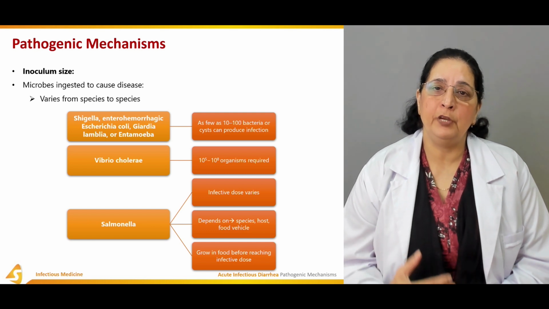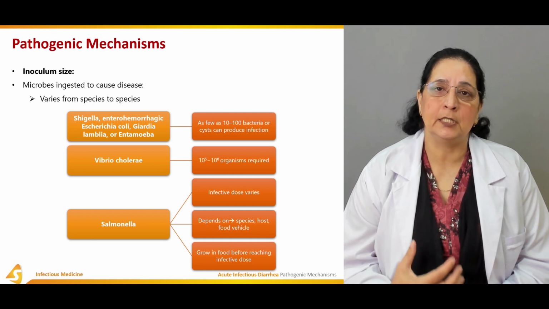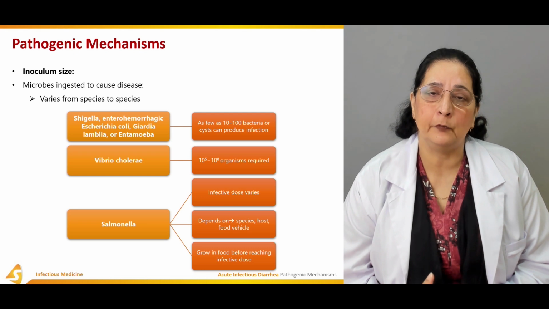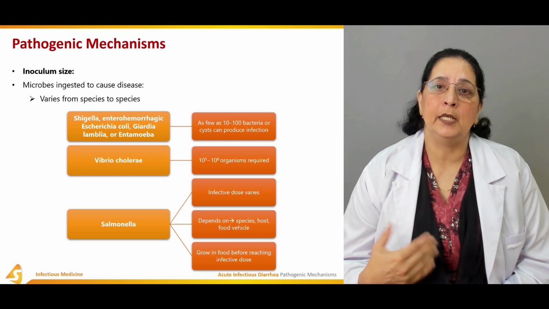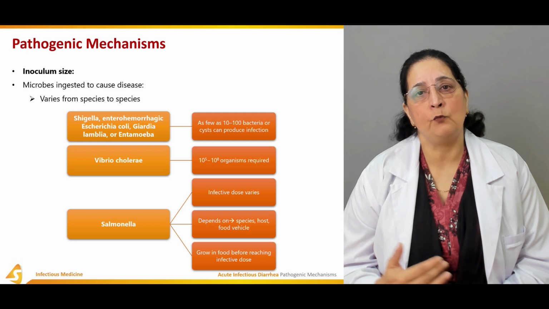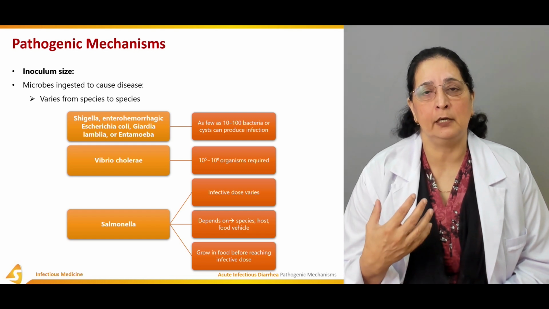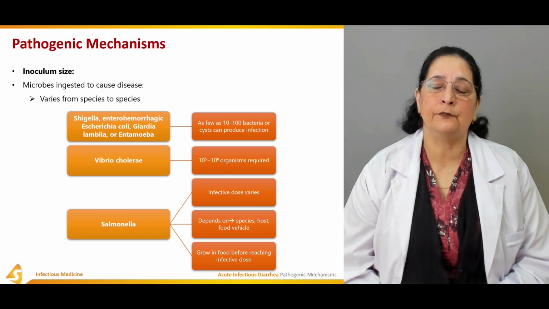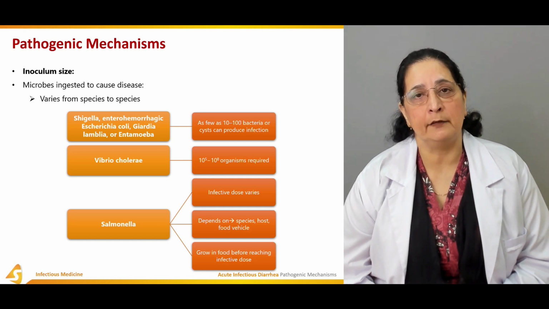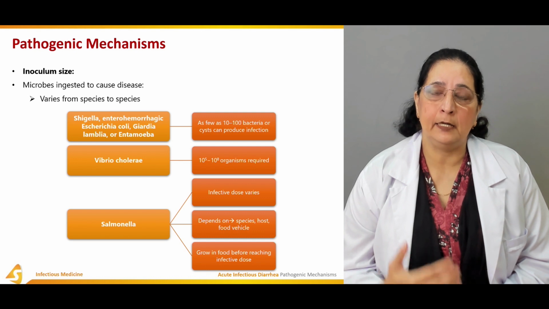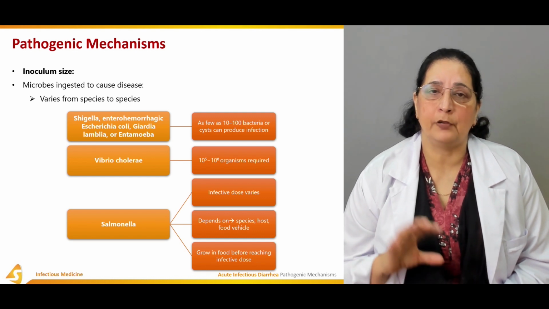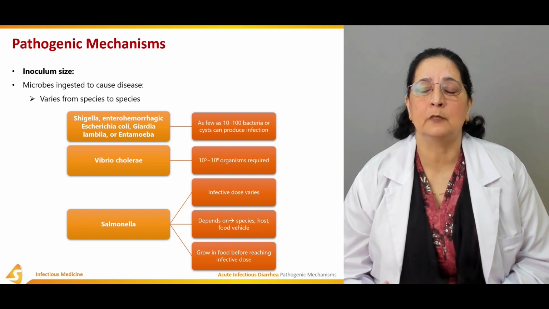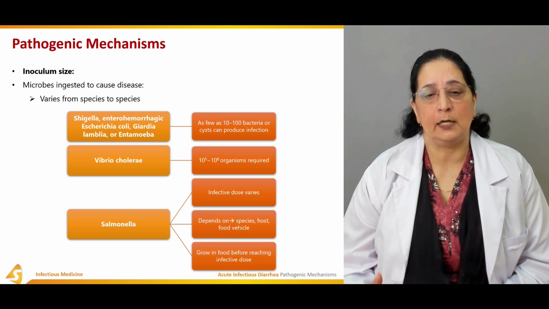So the food we use is sometimes infected by Salmonella, it grows in the infected food, and once it is ingested, the infective dose is already present in that contaminated food, and it can cause infection. We said enteric fever and typhoid fever are commonly caused by Salmonella infection.